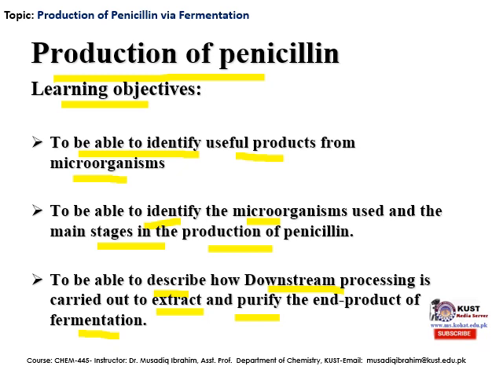Some of the downstream processing will be discussed here, and some in the next lecture, to clarify how the steps are taken so that the end product of fermentation is in highly pure form.